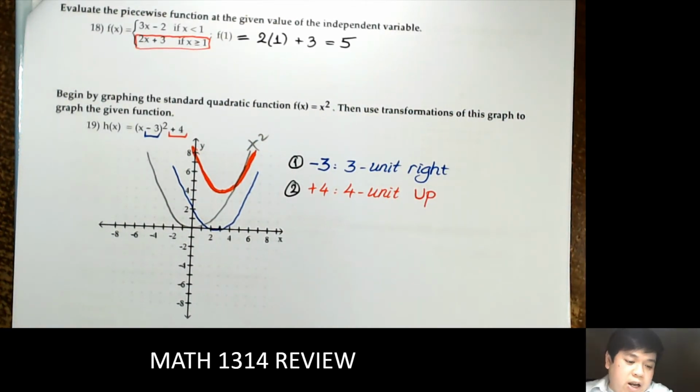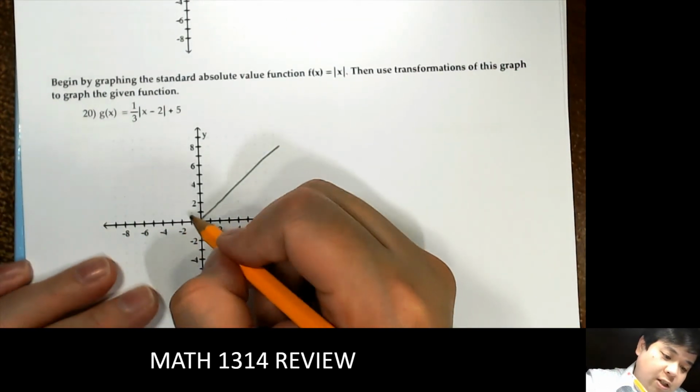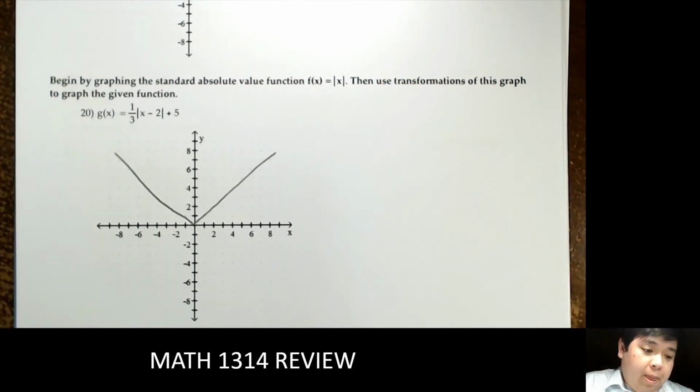Right. Next, first graph, the absolute value, which is V. And then we do the transformation.